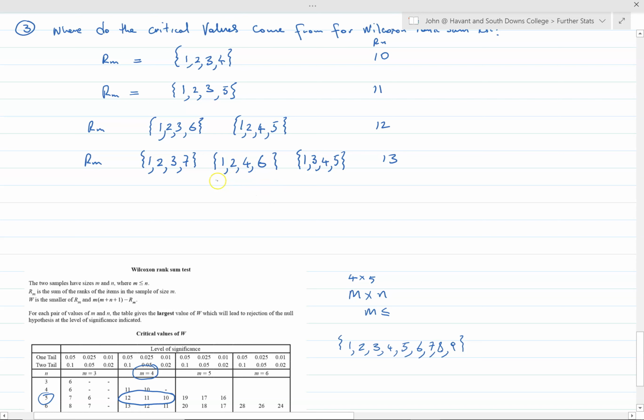Imagine these were equally likely, because these can be any numbers from the set 1 to 9, and they're chosen randomly. Then the number of possibilities, because you're choosing 4 numbers from 9, is 9 choose 4, 9C4, which is equal to 126.